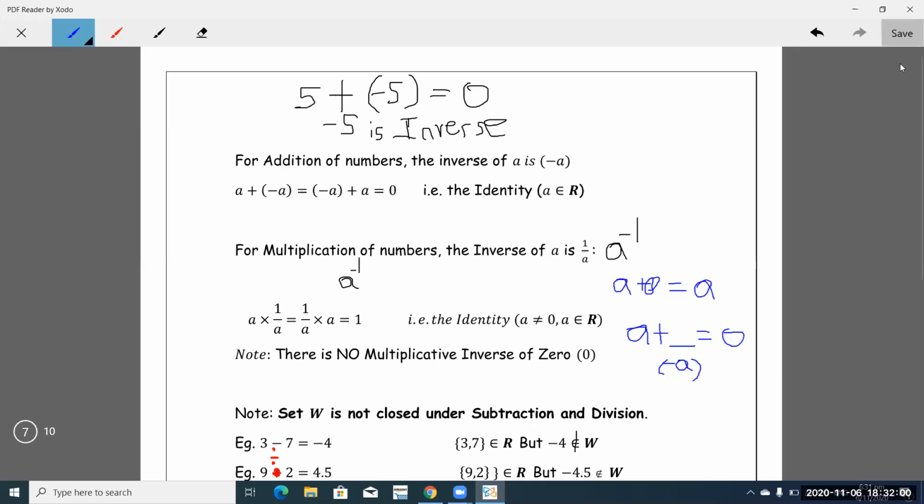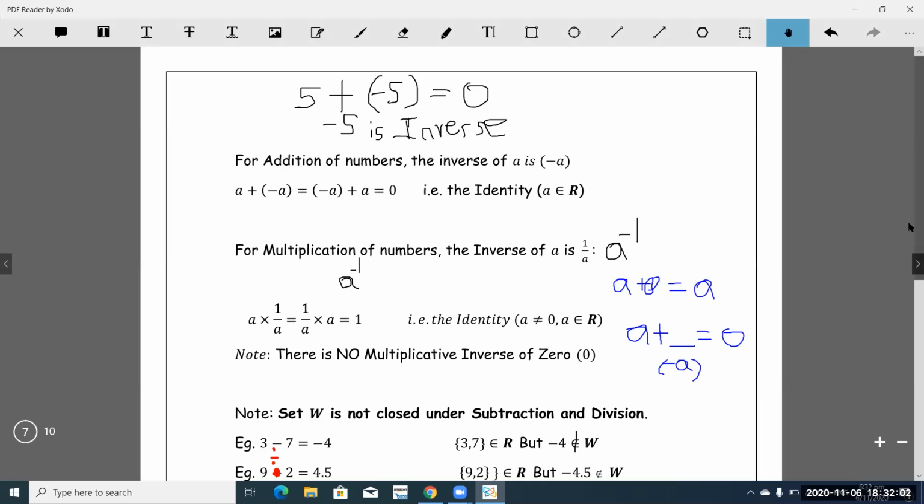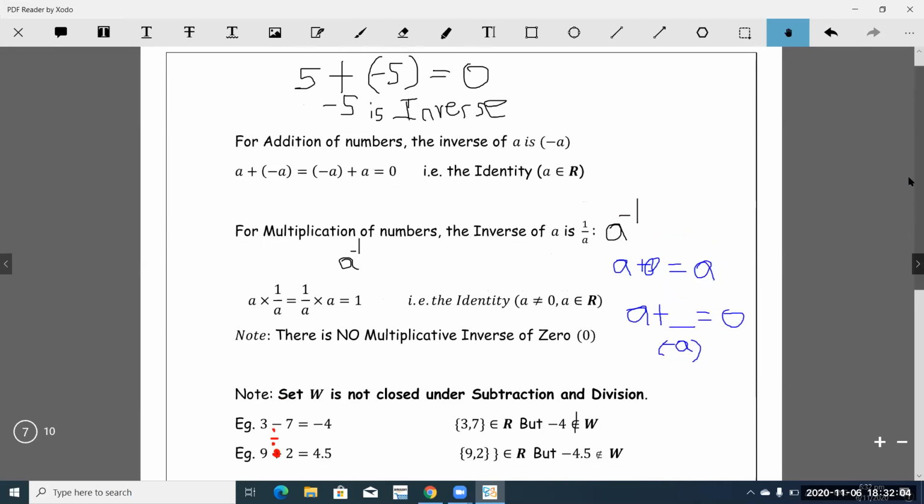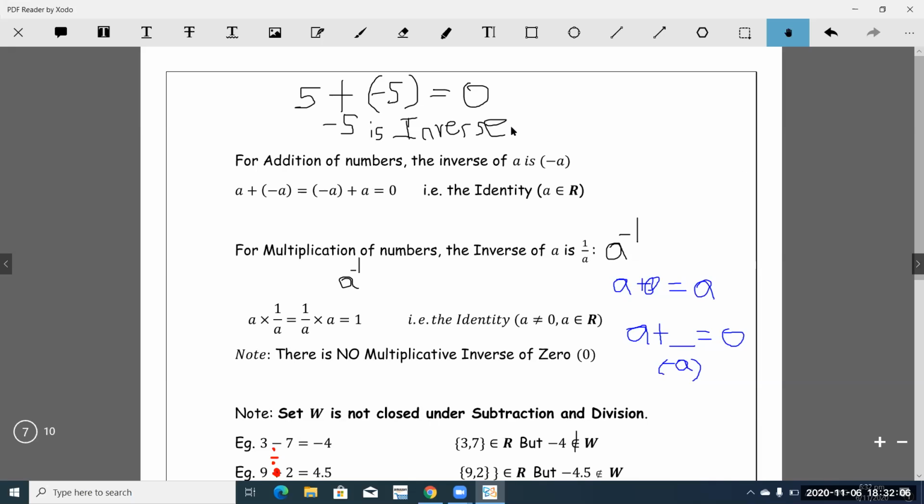Finally, the next thing to talk about is closure. Now, what is closure? Well, closure is pretty simple. Whenever I carry out an operation and the result falls within that set, we say that the set is closed. For example, 5 plus 10. 5 is a natural number, 10 is a natural number.